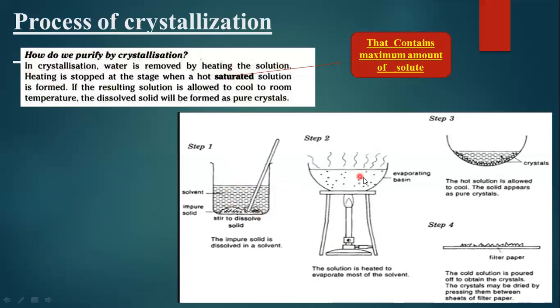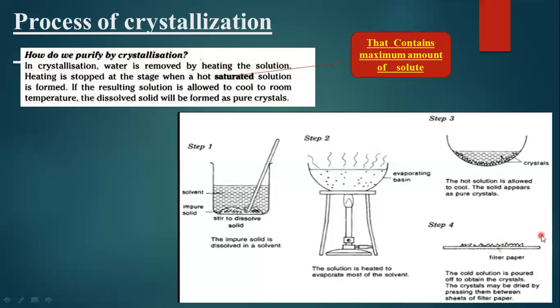After that, we do evaporation, and then in the third step we do cooling. When the crystals are formed, in the last step, by filtration again, we can obtain the dry crystals of the solid substance on the filter paper. In this way, these are the purified solid particles in the form of crystals obtained from a solution.